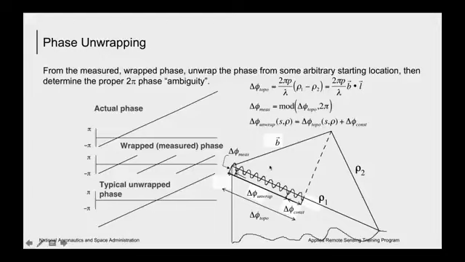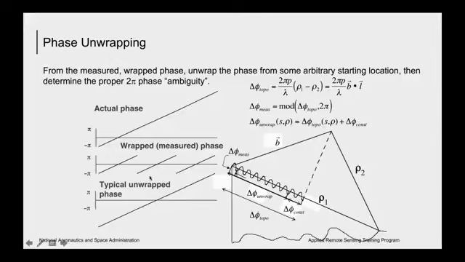We have to use a special technique we call phase unwrapping, because the phase measurements that we can make with the interferogram are only between, say, minus pi and pi, and that means the measured phase ends up with these discontinuities where it goes from minus pi to pi.